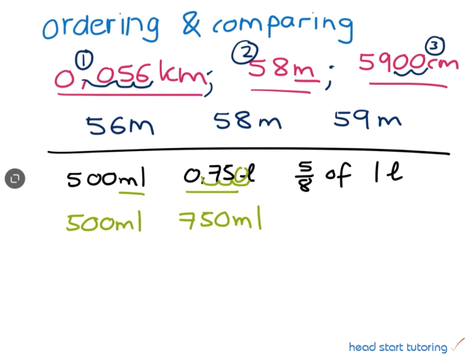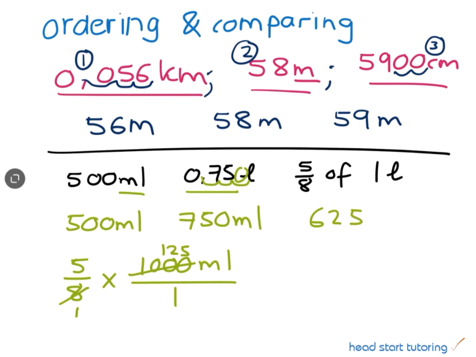Then when we're working with 5/8 of 1 liter, we need to work out what 5/8 of 1,000 milliliters is. And 8 into itself is once, 8 into 1,000 is 125 times. 5 times 125 is equal to 625 milliliters.